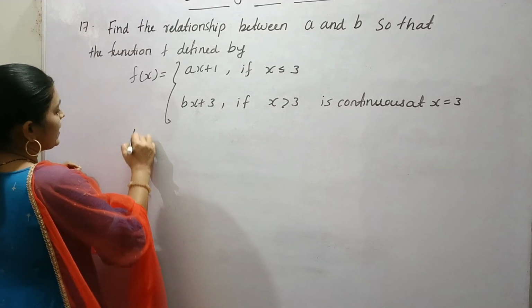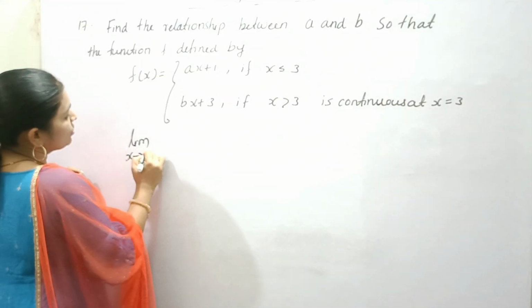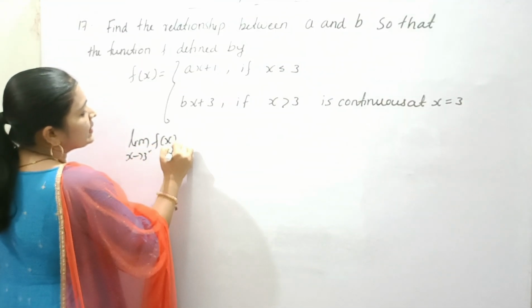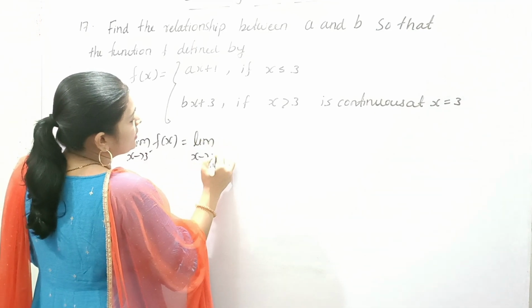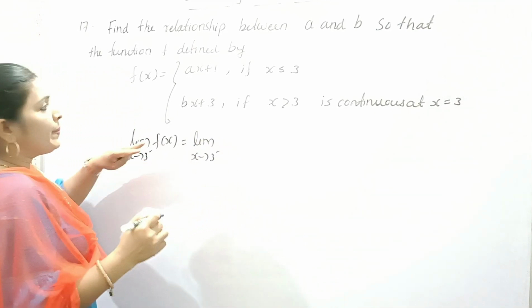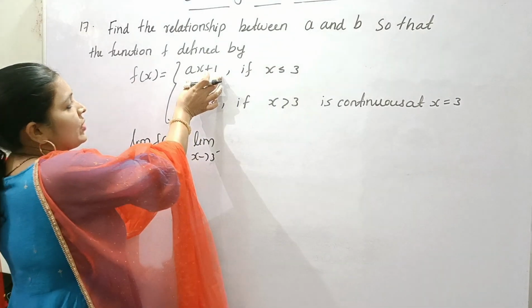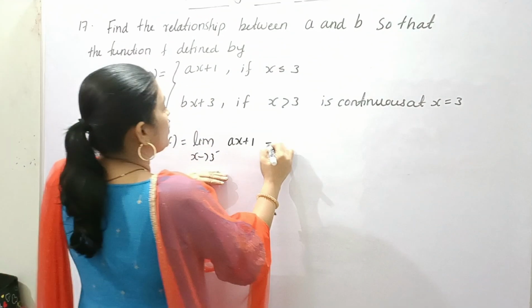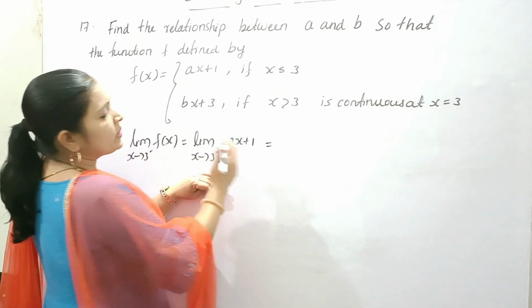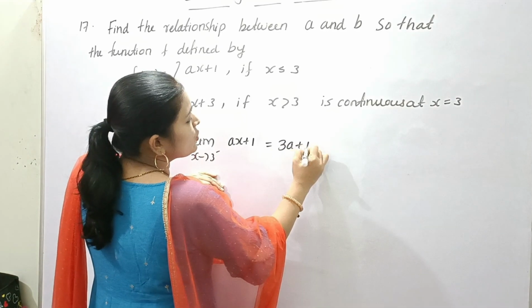That is, limit x tends to 3 minus f of x is equal to limit x tends to 3 minus, where for x less than 3 the function is ax plus 1. Substituting x equal to 3, that is 3a plus 1.